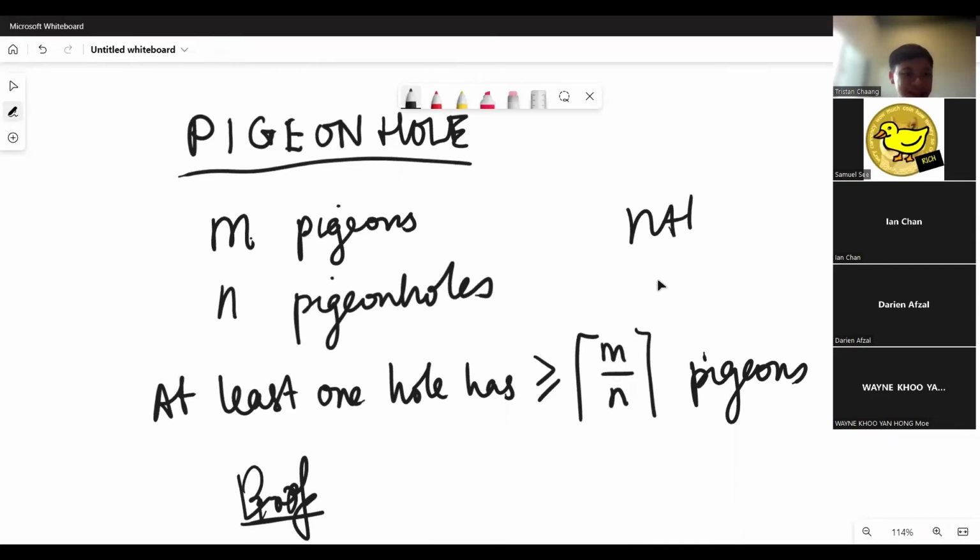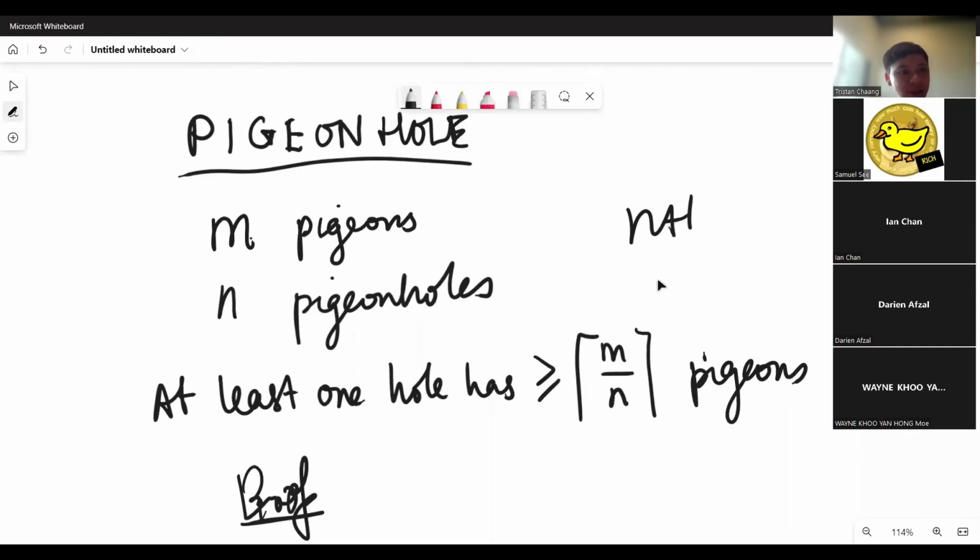That's obvious, but I would like you to think of a formal proof of that. We try not to say something is obvious, because you might say, oh, the extreme case is where every single hole has 1 pigeon, and then you have to add one more, so one of the holes must have 2. The thing is, how do you know the extreme case is where every hole has a pigeon?